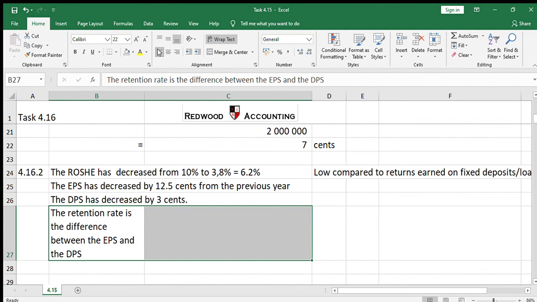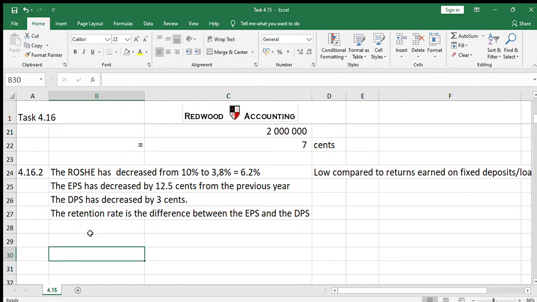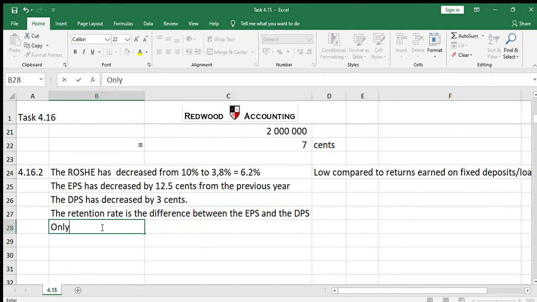And you can see that a lot was not retained by the company. Only 50 cents. So we can say that only 50 cents of profit earned per share was retained by the company.